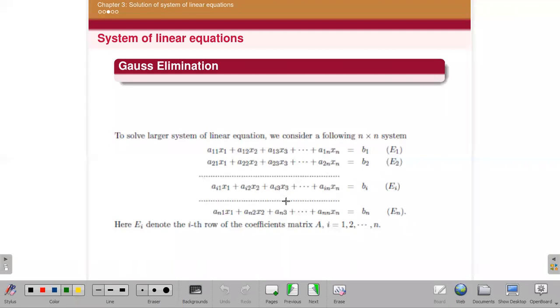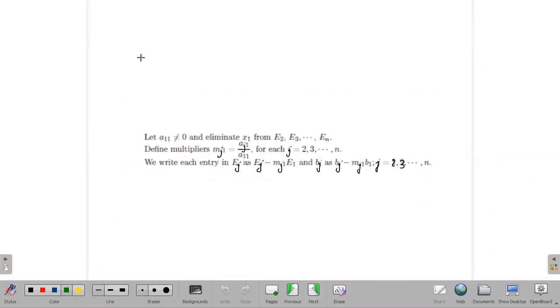So if you write it in matrix form, just a minute. Write the augmented matrix. That is A|B, means you write A and B together, or you can write A slash B. Both are the same.